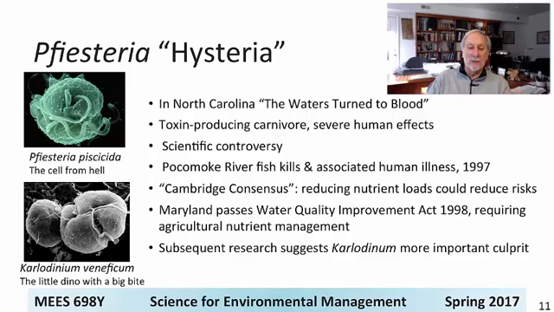The populations would explode. And these organisms, these dinoflagellates, would kill fish and also produce a toxin, which, among its other effects, would cause memory loss. So this had resulted in a considerable controversy down in North Carolina that we were all watching.